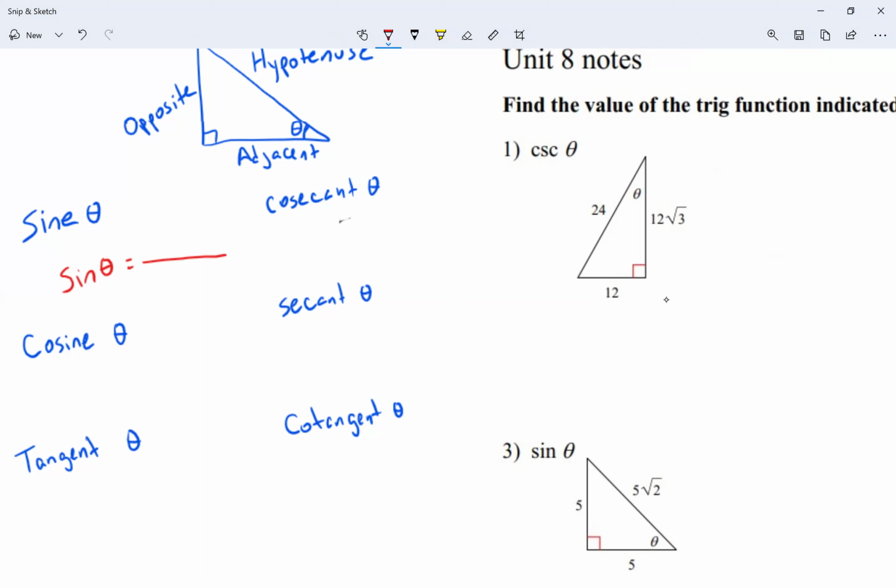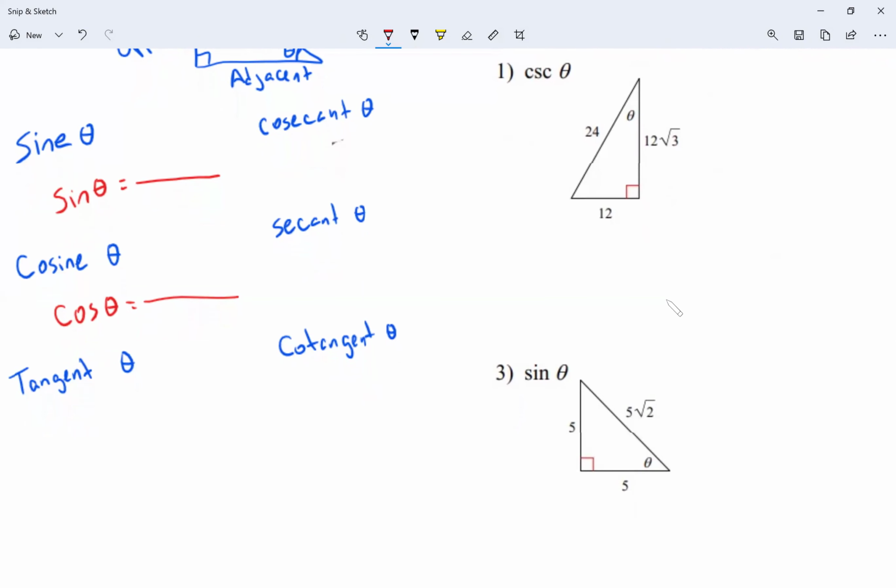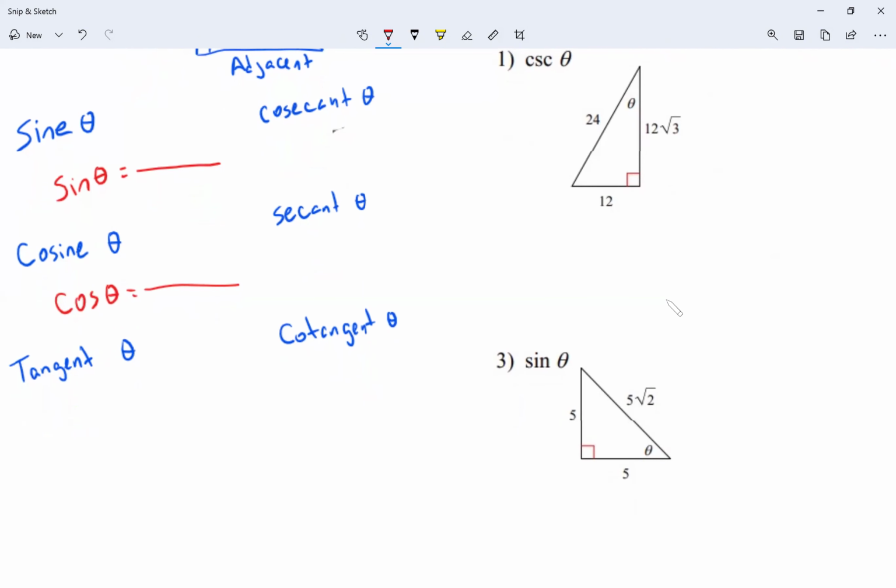I'll come to the fractions in a minute. Cosine, let me abbreviate it to the first 3 letters. So I'm going to go cosine of theta. Again, abbreviate it to only 3 letters. So I still call it cosine. Now tangent, as you guys can imagine, I'm going to abbreviate this to the first three letters.